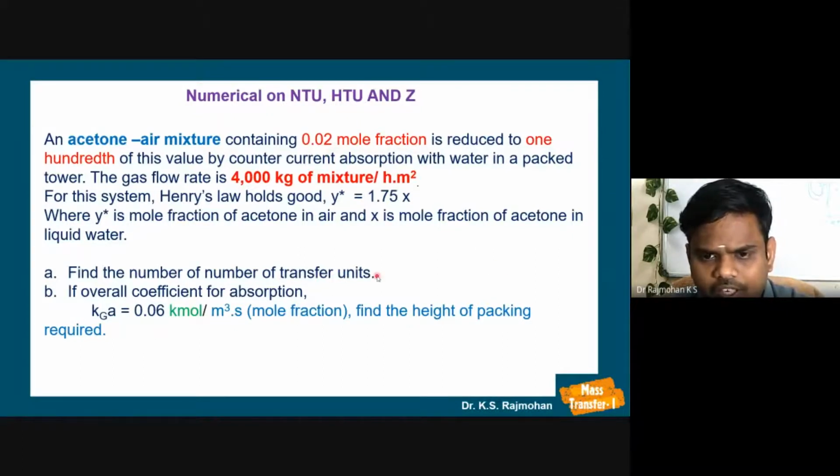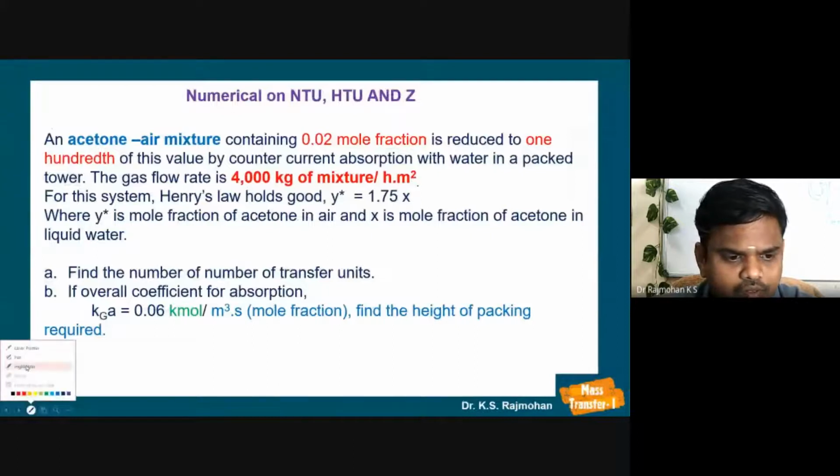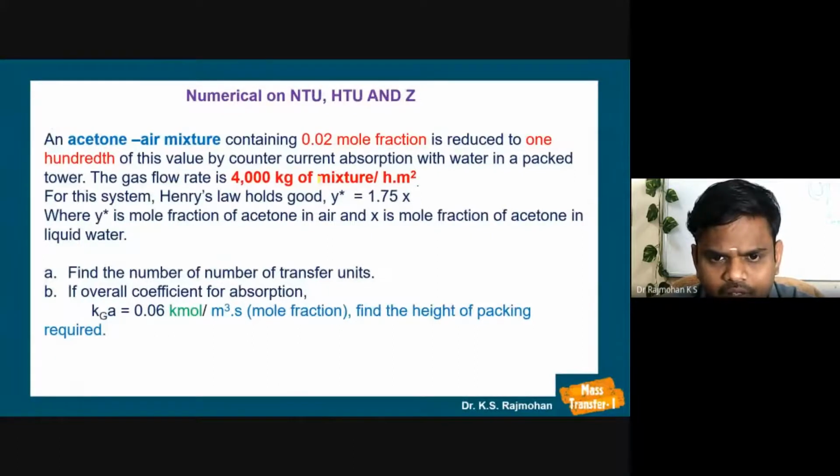First we have to find the NTU values. How to proceed with this problem? Remember there is one point here: we have to see what is given. It is given as a mixture, or simply as a gas, because based on that we have to consider the average molecular weight; since it is given in kg, we have to convert it to kg moles.